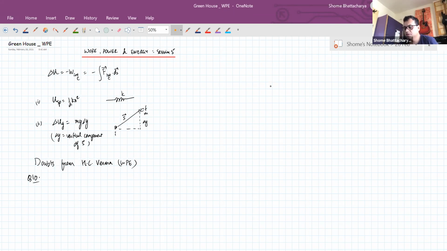Okay, so in question 10, we have an arrangement of two blocks kept on a horizontal surface.